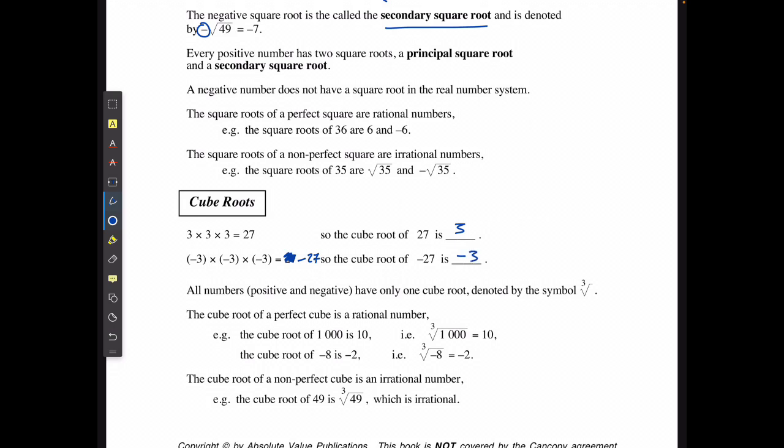Because when I multiply a number an odd number of times, 3, 5, 7, however many it happens to be, it will wind up reverting back to its original sign. A negative times a negative times a negative is still negative. Positive times positive times positive is still positive. So cube roots, fifth roots, seventh roots, they only actually have one root. They don't have two possible roots.